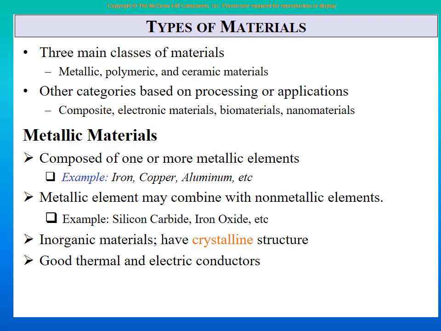Here if you see, we start with metallic materials or metals. Later on we will tell you that there is another category called polymers. Okay, later on we will tell you there is another category called ceramics. So metals, polymers and ceramics are the three most well-known big categories of materials.